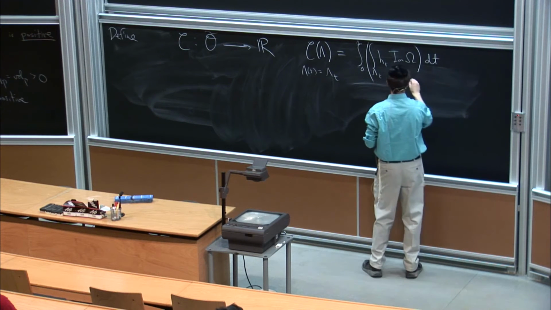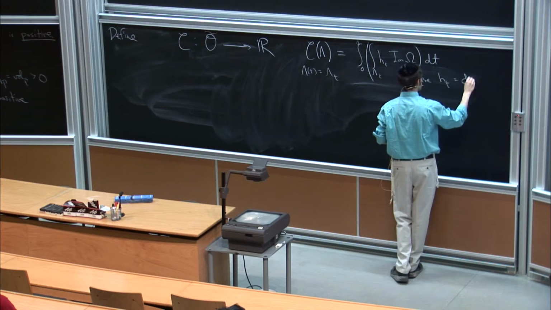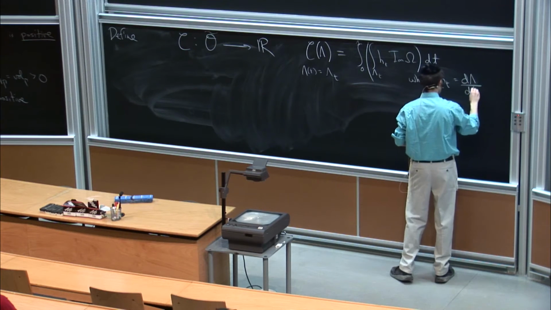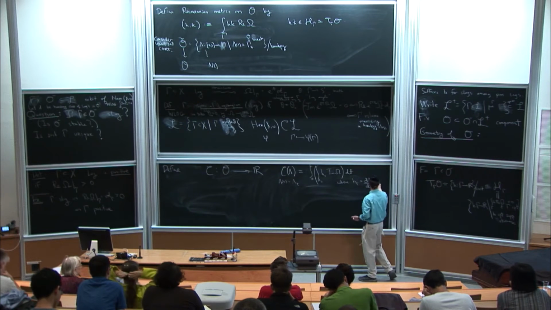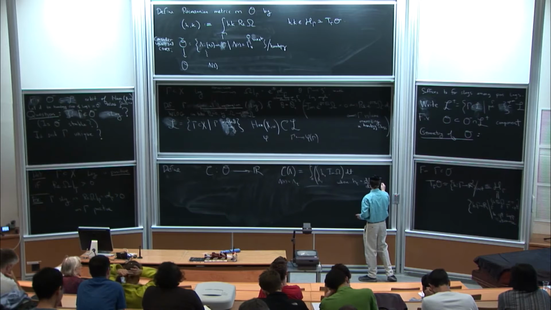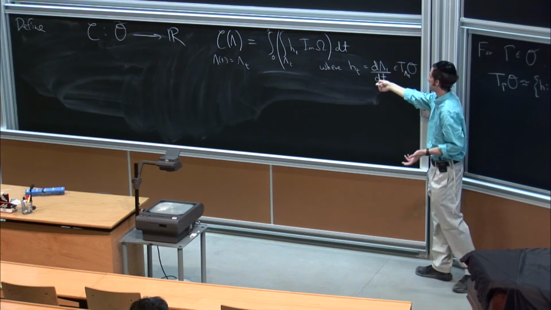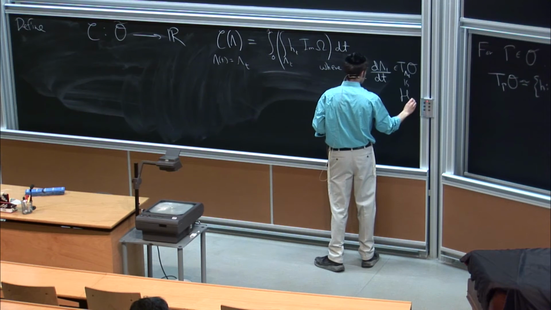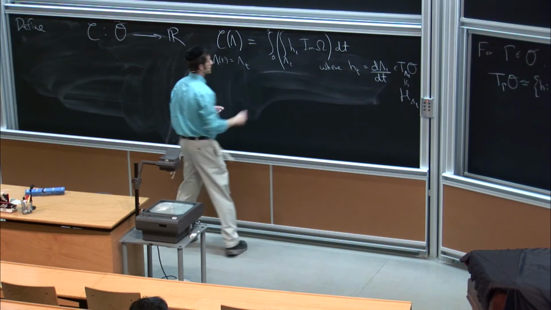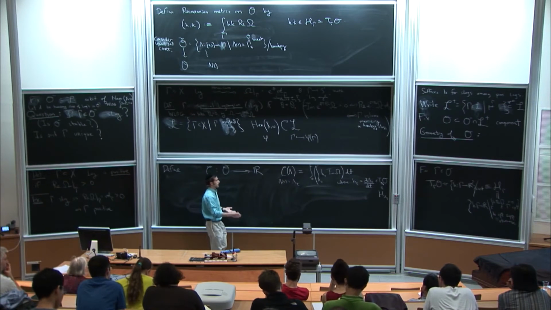Here h t is the derivative of lambda t with respect to t, so that's going to be something in the tangent space at lambda t to O, which we know is some kind of function on lambda t. So we take that function, integrate it with respect to the imaginary part of omega on lambda t, and then integrate the whole thing from 0 to 1.